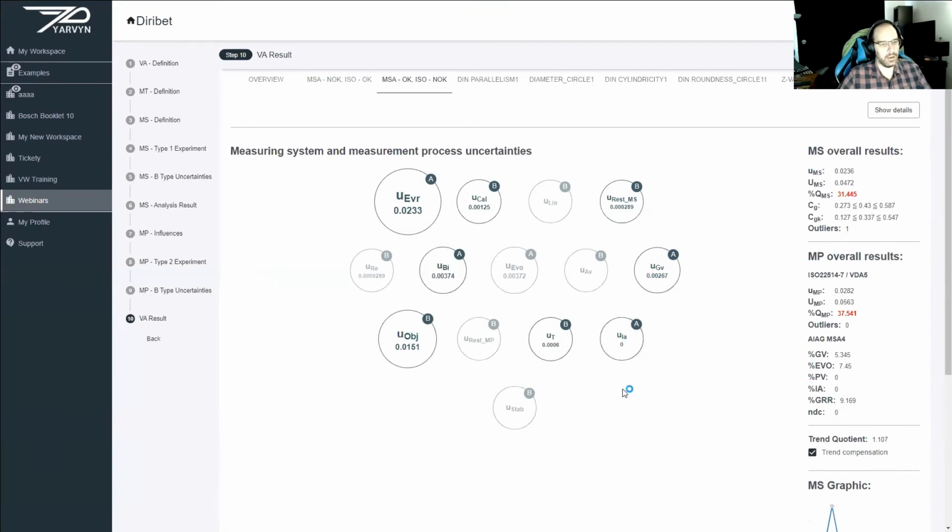And you can see it's very small in comparison with the other components we have: calibration, bias, object, and so on. So this is the reason why in this case, according to MSA, the results are fine, and according to ISO, the results are out of the limits. And the reason is, in general, we can say that for gauge R&R only some of the components are calculated, instead of ISO, where all of them are included in the results.